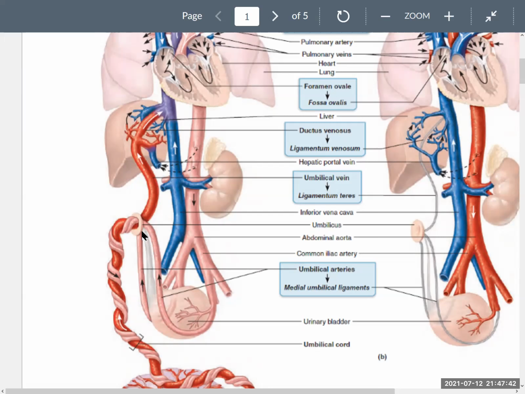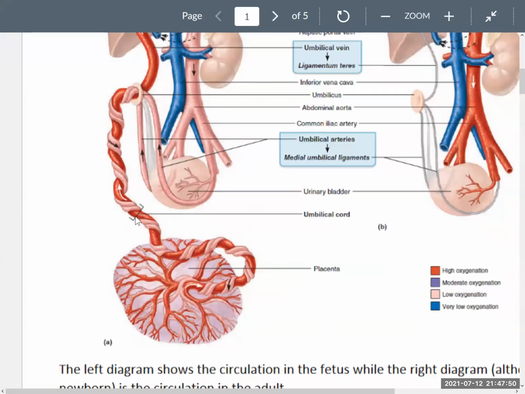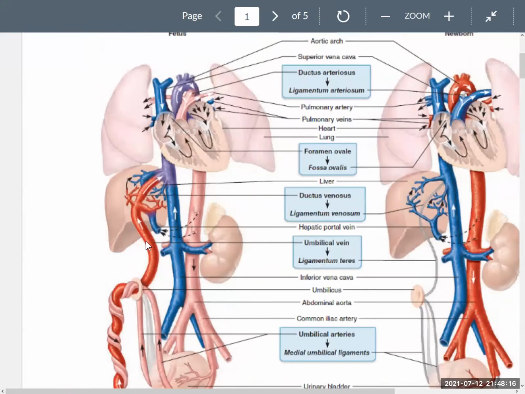These two pair up, go through the navel or umbilicus, wind their way down the umbilical vein, okay, and bring blood to the placenta. This blood is still partially oxygenated. That's why the color is not blue here. And so it doesn't take a lot of oxygenation to bring it up to the red stage. Okay. That's one thing that can happen.